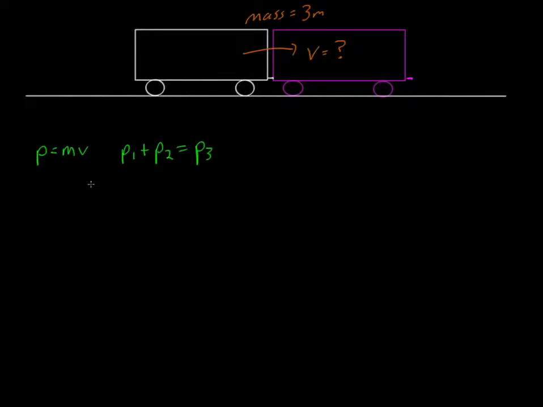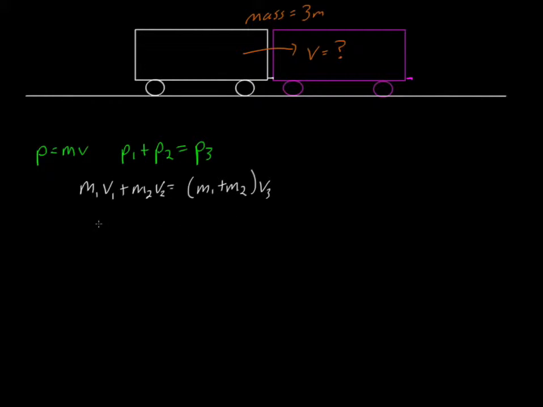So therefore, M1V1 plus M2V2 equals M1 plus M2 times V3, with M3 being M1 plus M2.